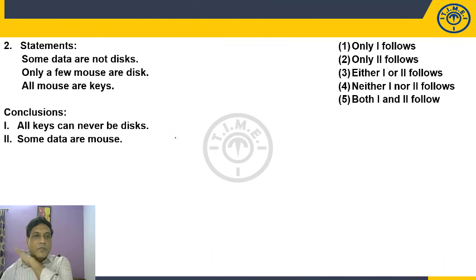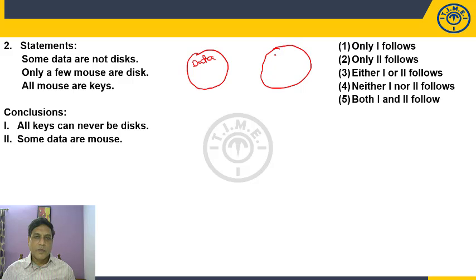Next one. Some data are not disk. So what is the basic diagram for some not? The minimum overlap diagram. Some data are not disk is the same as no data is disk. We keep them as separate circles. But how do we indicate that?